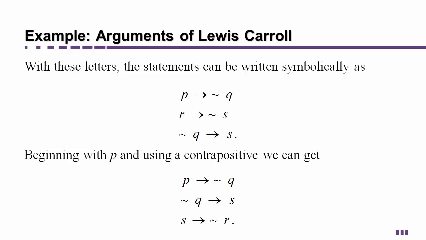So R goes to not S because S was you are despised. So not being despised is not S. And then the last statement, illogical persons are despised, meaning if you are illogical, then you are despised. Well, remember, Q was logical, so illogical is not Q, and then despised was S. So those are our three statements.